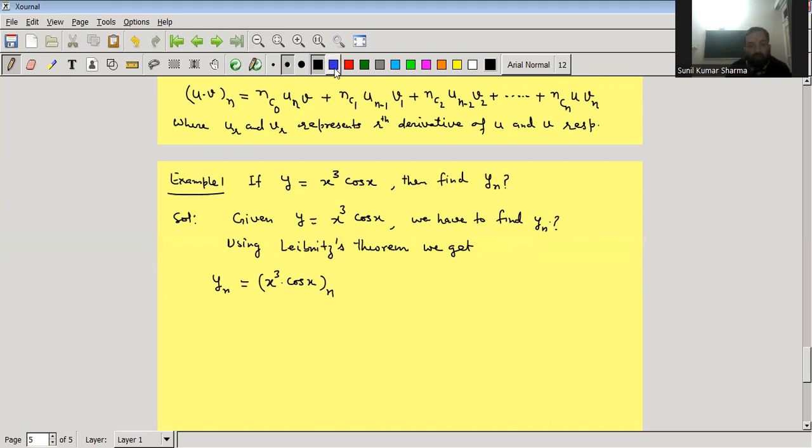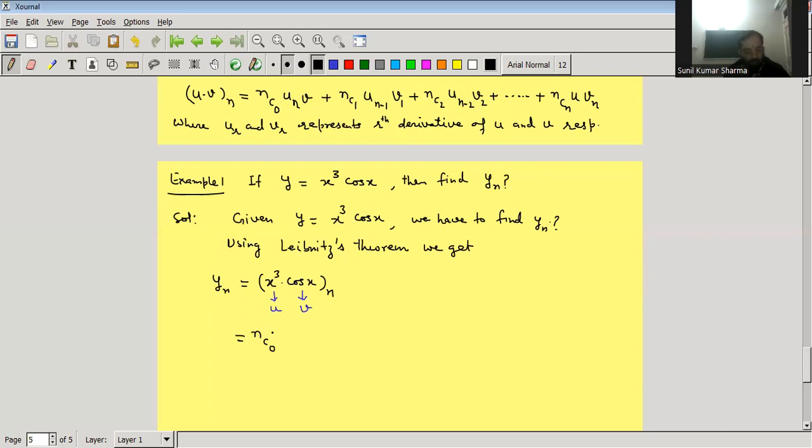You can take any one of these functions as u and the other function as v. So by using the theorem, we can write nC0 u nth derivative.